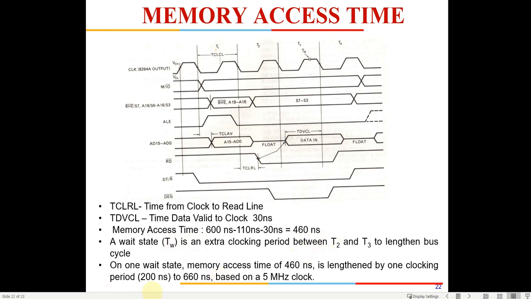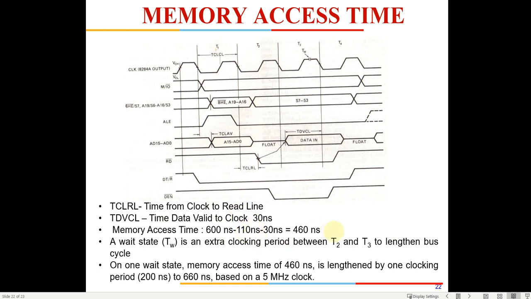If you insert one TW, it is going to add 200 nanoseconds, so the total memory access time becomes 660 nanoseconds. So this is for a slower memory. If you have a still slower memory, you can insert one more TW, two TWs, then it will become 400 plus 460, 860 nanoseconds. So this is about memory access time.